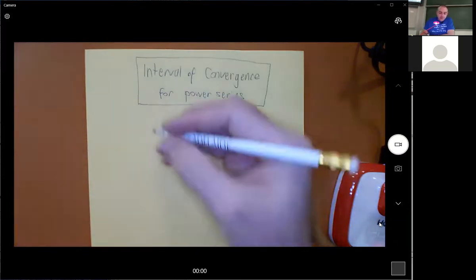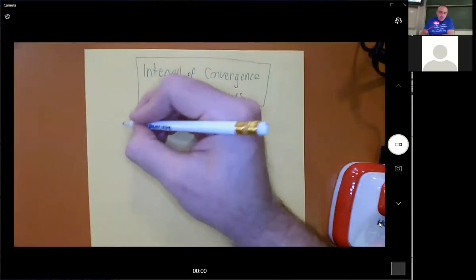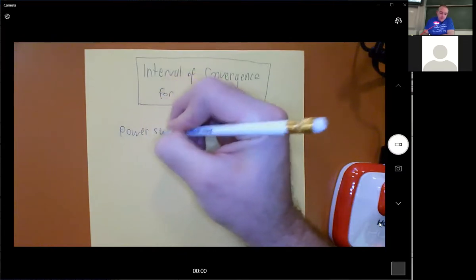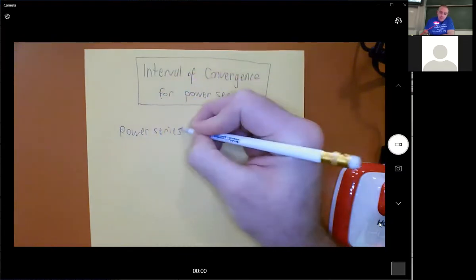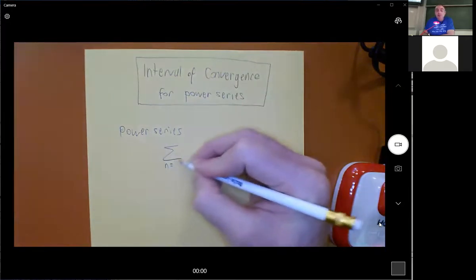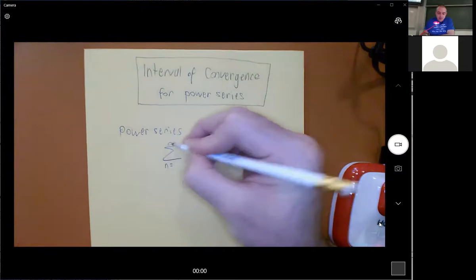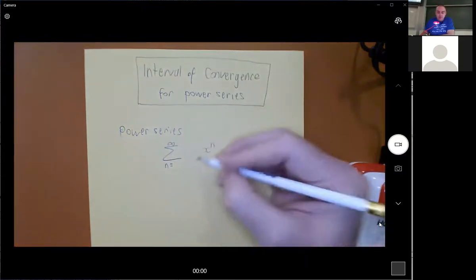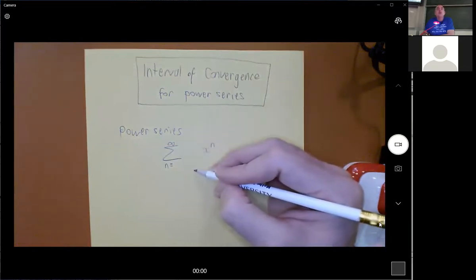Okay. So first you need a power series. And a power series looks like this. The sum from n equals, it doesn't really matter what's here, up to infinity of something times x to the power of n. And there can be anything in this spot.